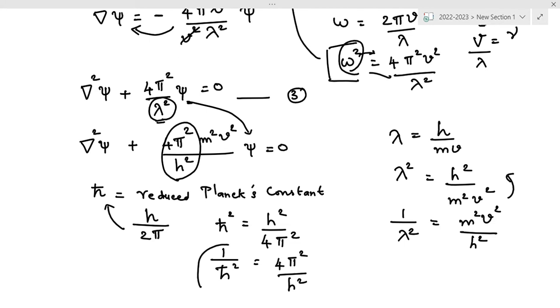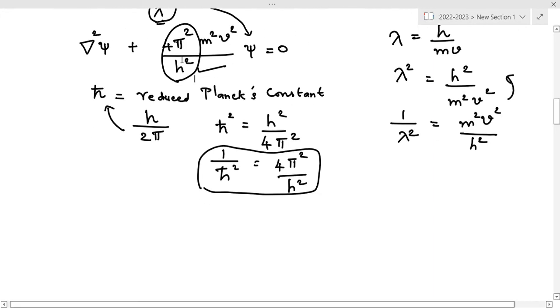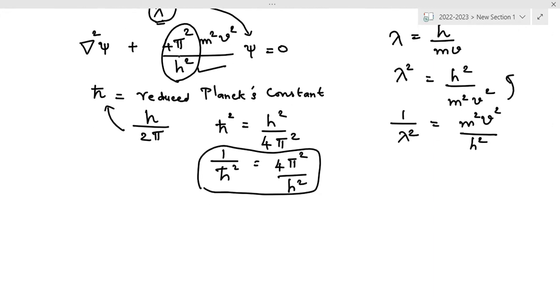So substituting 1 by h cross square in the place of 4 pi square by h square, this 1 by h cross square should be substituted here. So del square psi plus m square v square by h cross square psi is equal to 0. So this equation becomes this equation now.